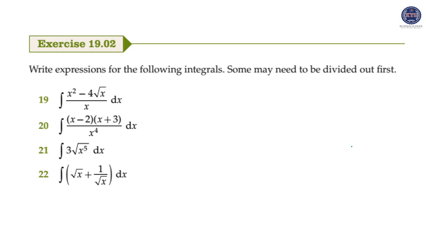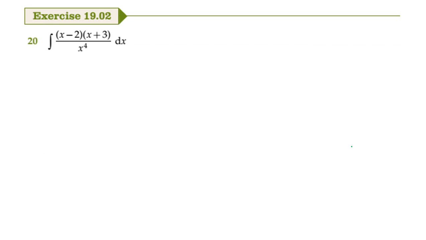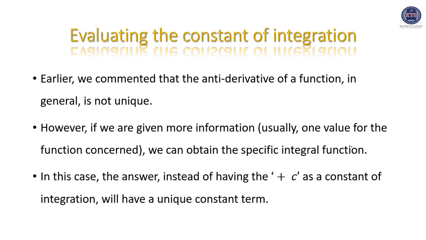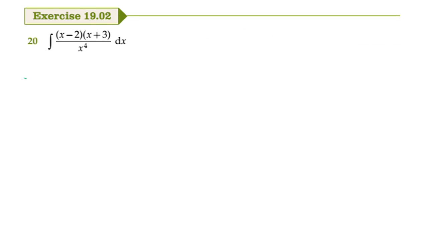Okay, moving on, still in exercise 19.02. Write the expression of the following integral; some may need to be divided out first. Okay, choose question number 20. Alright, now to integrate number 20, you have to expand your bracket over there.